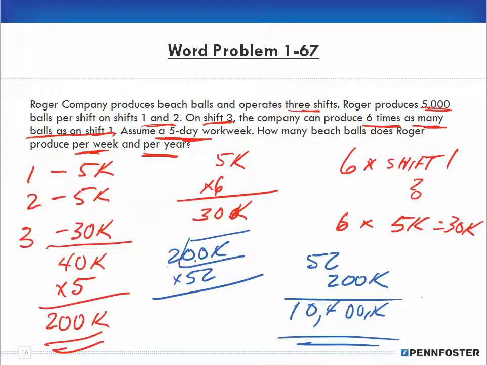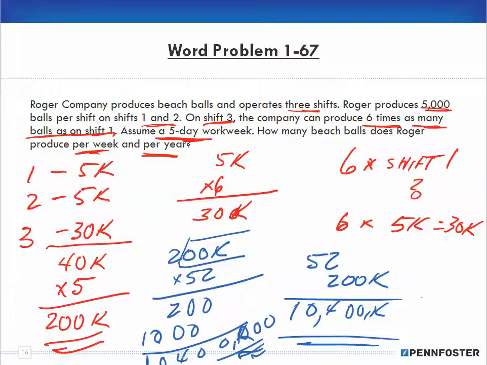If I do the math the same way, by hand over here, I get 2 times 0 is 0, 2 times 0 is 0, 2 times 2 is 4, and then 5 times 0, 5 times 0, 5 times 2 is 10, and I add it all up. And I can bring down my thousands. Now, again, that thousands represents 0, 0, 0. So I end up with the same number, 10,400,000.